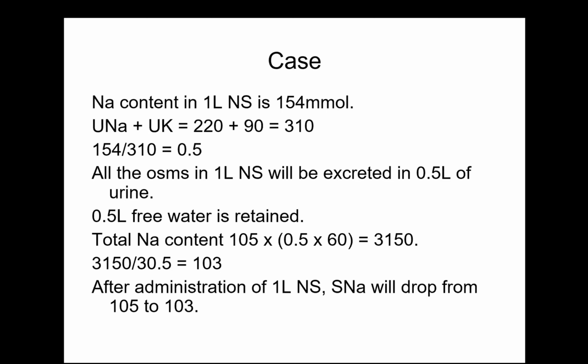We did not change 3,150. We did not add any sodium. We just added half a liter of free water. So to get the final sodium concentration, it'll be 3,150 divided by 30.5, and that will give you a serum sodium concentration of 103.